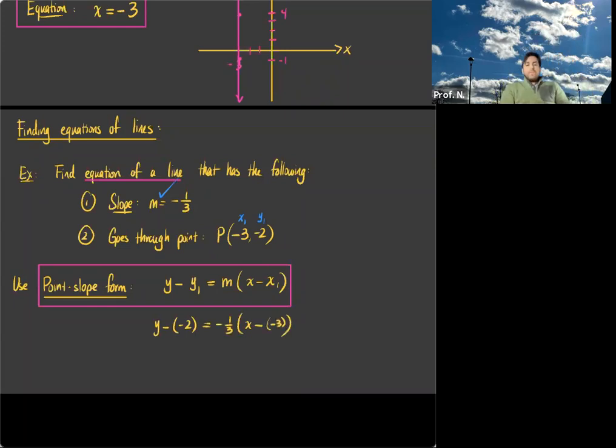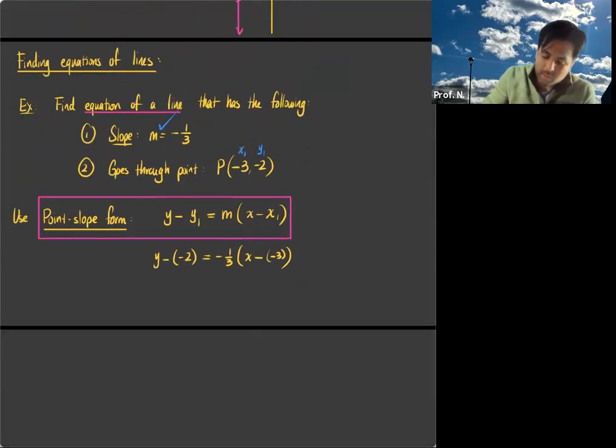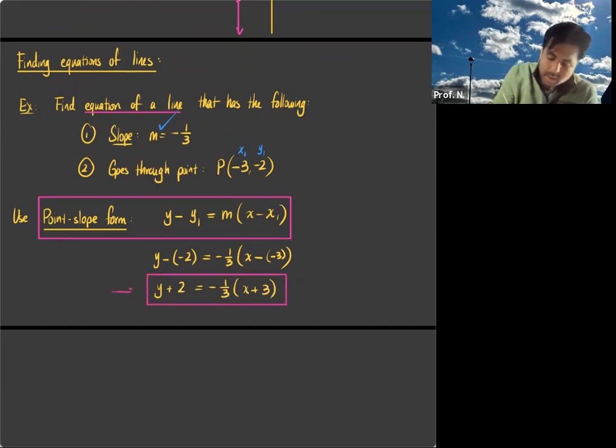All I did was plug in the y value of the point, the x value of the point, and the slope. And then I'm going to simplify a bit more. So this will be y plus 2 equals -1/3 x plus 3. And guess what? I'm done. This is it. It's in point slope form.